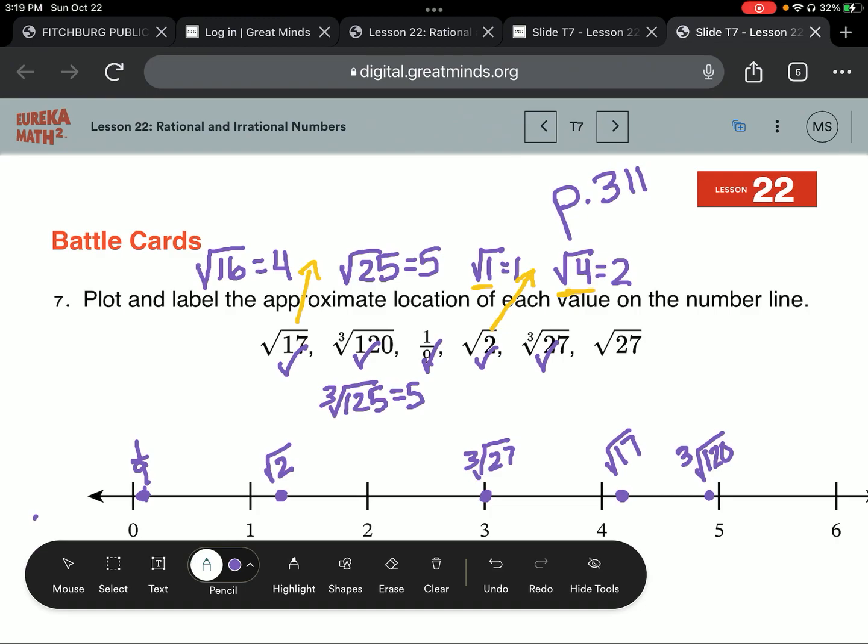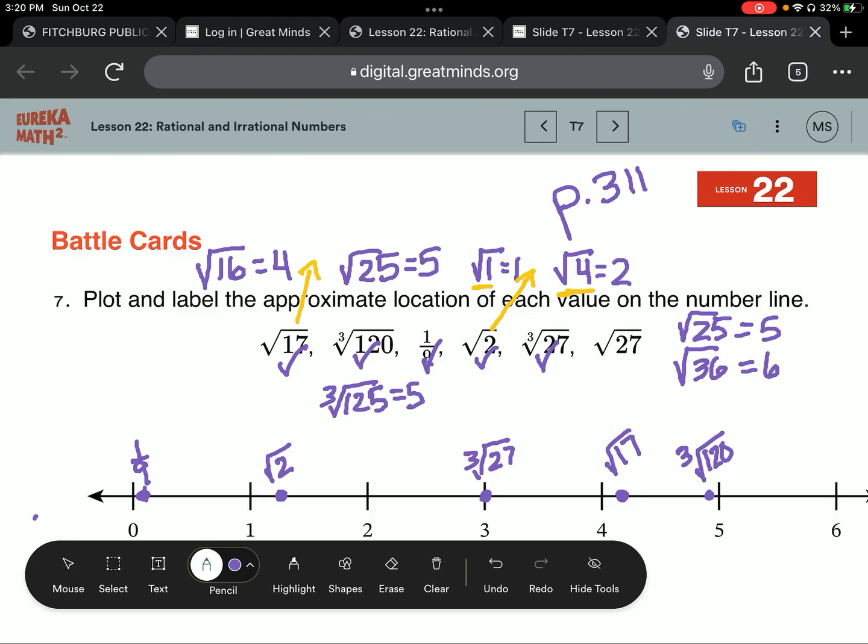Which brings us to our last number, the square root of 27. The square root of 27 is not a perfect square. There is not something times something that will equal 27. So I have to think, okay, well, what are the perfect squares around the square root of 27? 25 is a perfect square because 5 times 5 is 25. And then the next closest perfect square is 36 because 6 times 6 is 36.